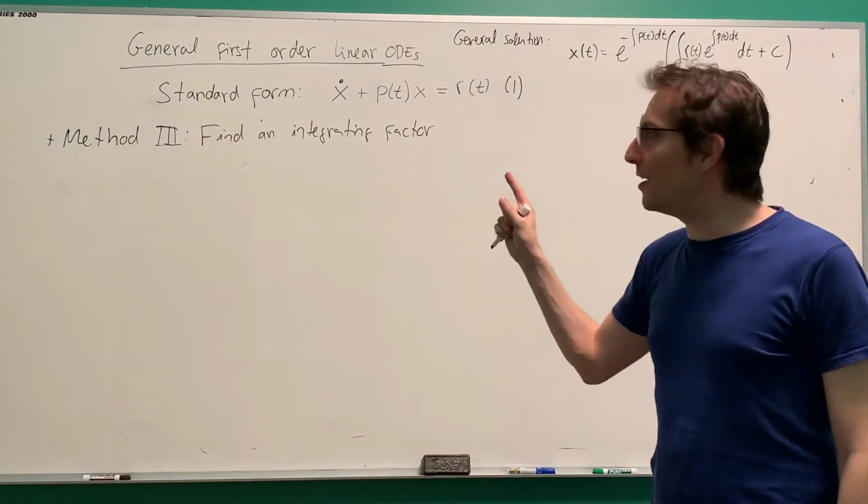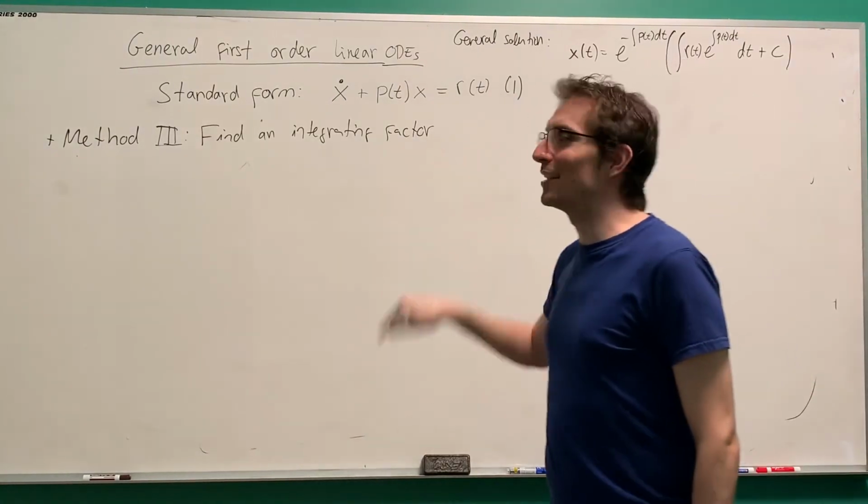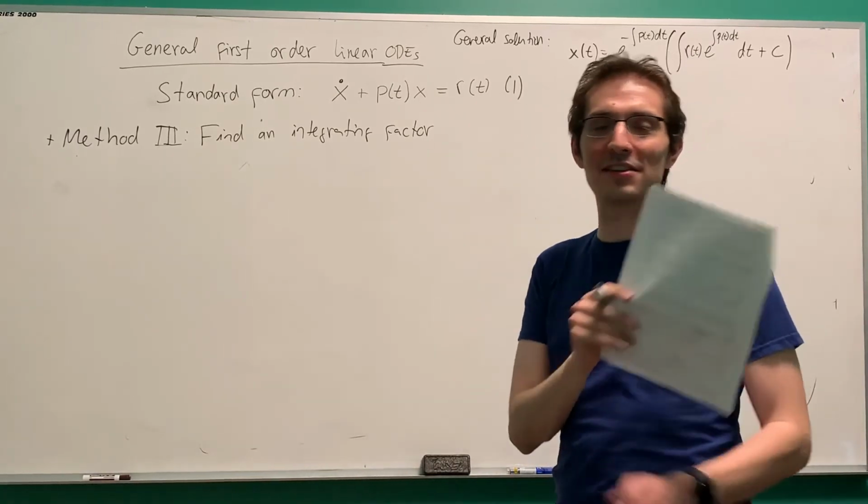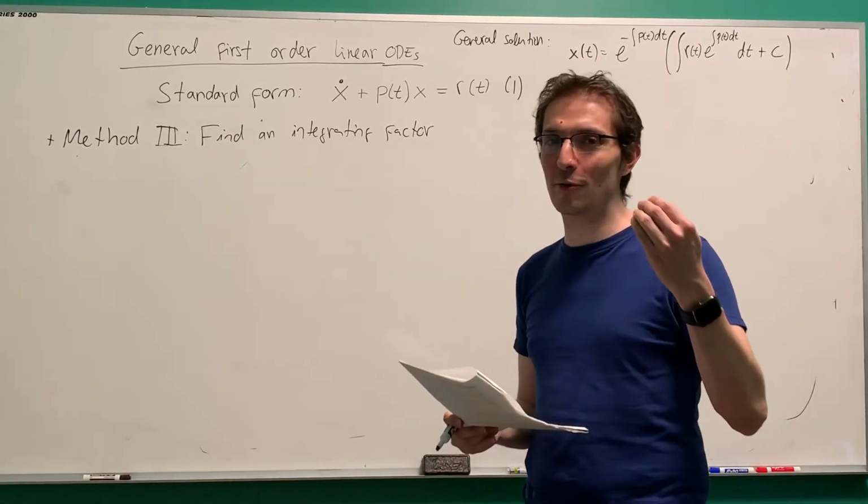All right, let's see yet another third method. Method 3, we call it find an integrating factor. So it's related to what we did for exact equations, but it's not the same integrating factor as for an exact equation.